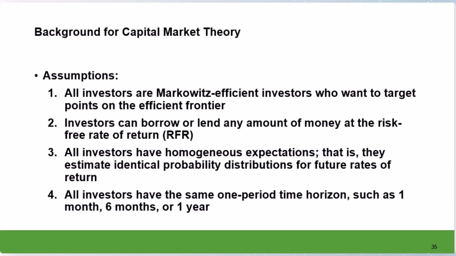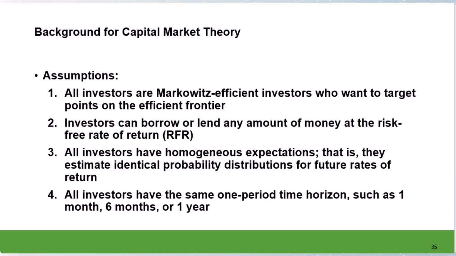So the assumptions that we have, there's lots of assumptions in all theories, but in general, the assumptions we have is that all investors are efficient investors, that they want to be on that efficient frontier. Again, it makes sense that you want to have the very best portfolio you can get.